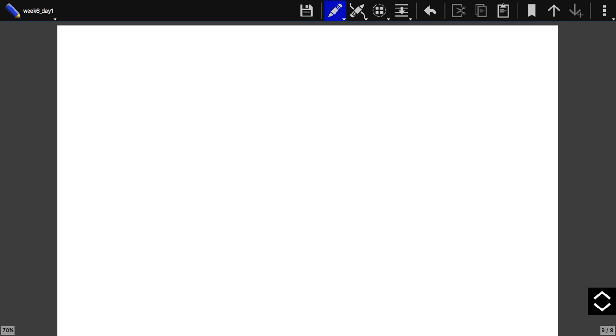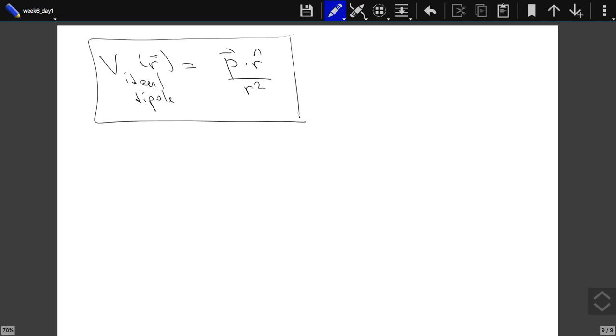Now for an ideal dipole, the potential is given by this expression. For an ideal dipole, there are no other corrections.